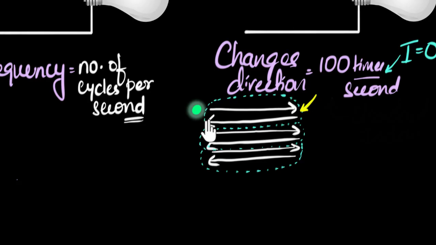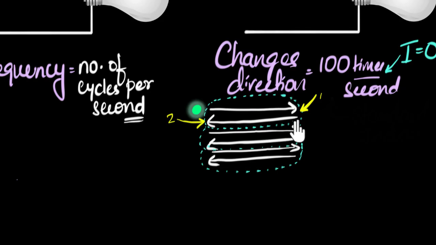It finishes its cycle when it changes its direction again, because the next cycle cannot begin unless you change your direction. So it changes direction once, and a second time. So in 1 cycle, the electron is changing its direction 2 times.